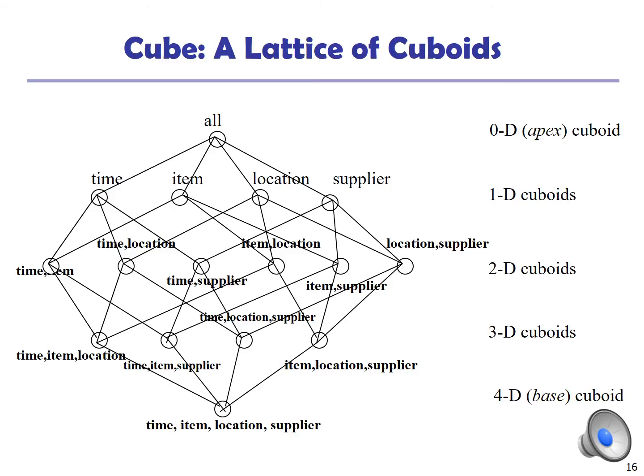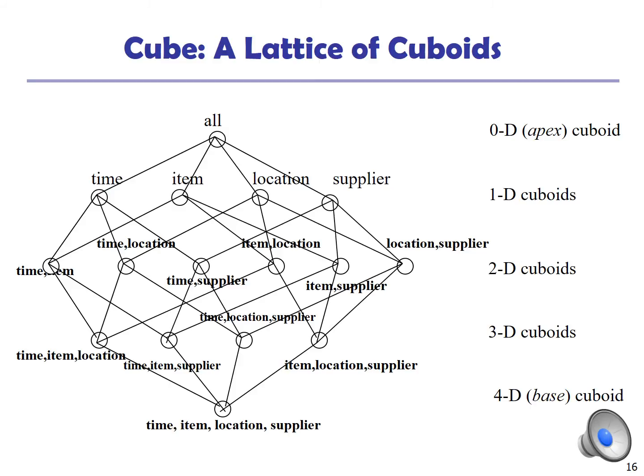In the cube, when you pick all 4 dimensions, describing probably a row, you have the 4-dimensional, or the base cuboid. So let's look at each of the levels going down from 0 dimension to 4 dimension. You can pick 1 dimension at a time, which gives you a 1-dimensional cuboid.